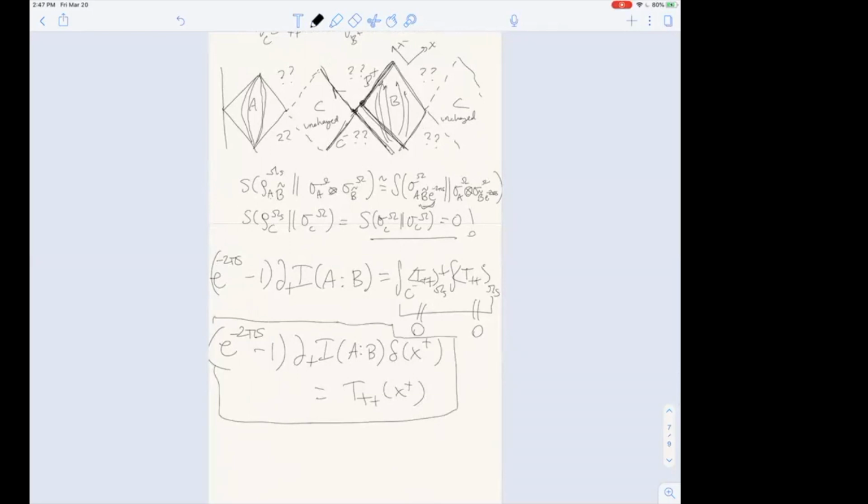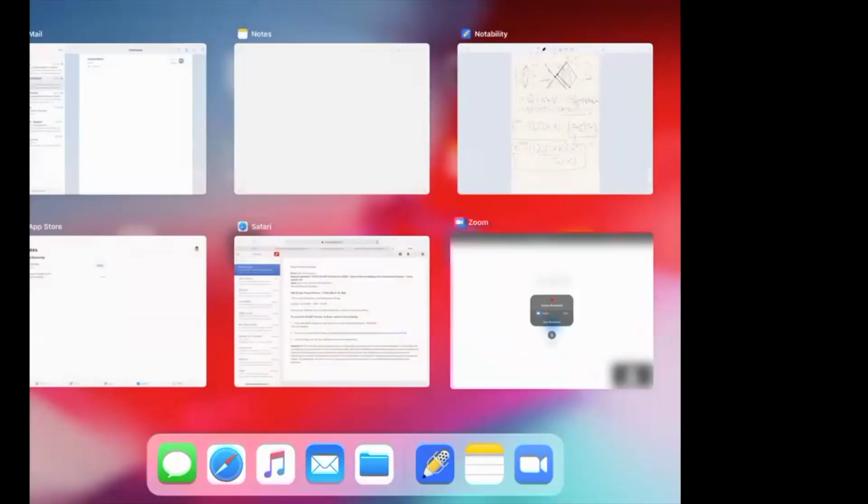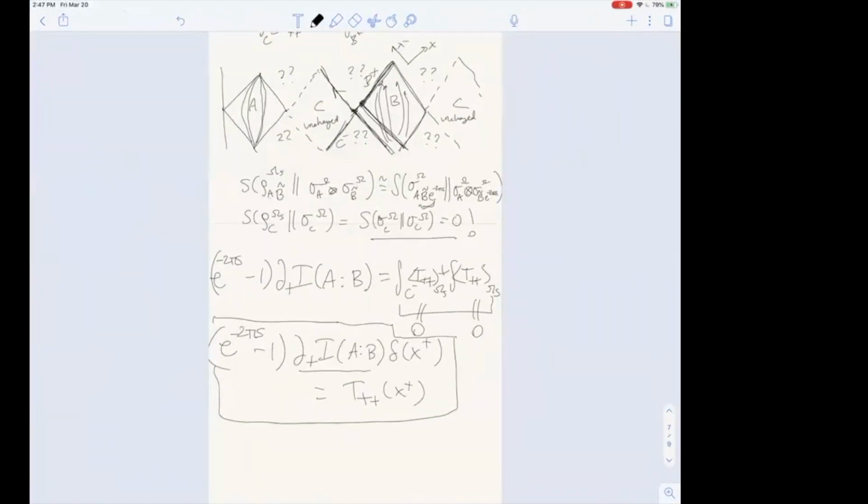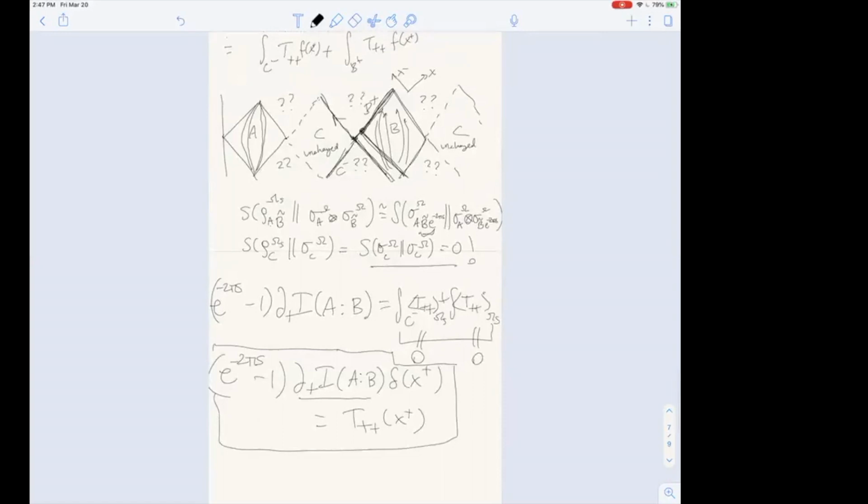I doubt many of you did, but the point is just that the stress energy in this state has a delta function pulse, and in the large S limit, it has precisely the right magnitude that we needed to get everything out from the entanglement wedge.